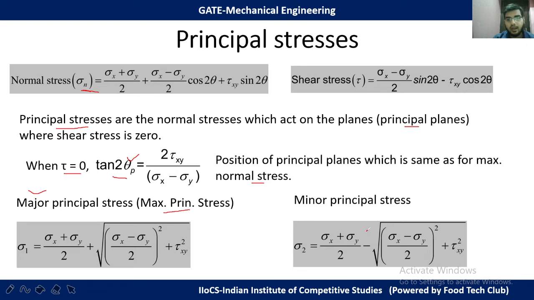And with the minus sign is also a principal stress, but this is called the minor principal stress, and it will be lesser than the major principal stress. So principal stresses are the normal stresses which act on the plane where shear stress is zero, and the major principal stress is also the maximum normal stress which can act for the given applied stresses.